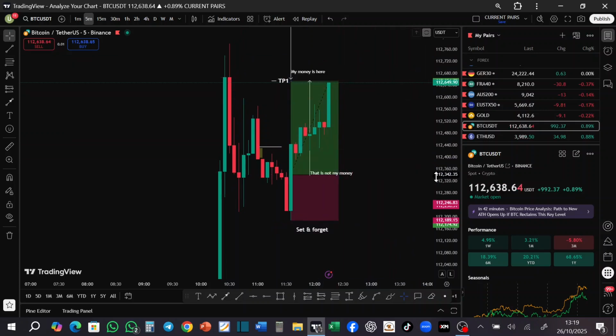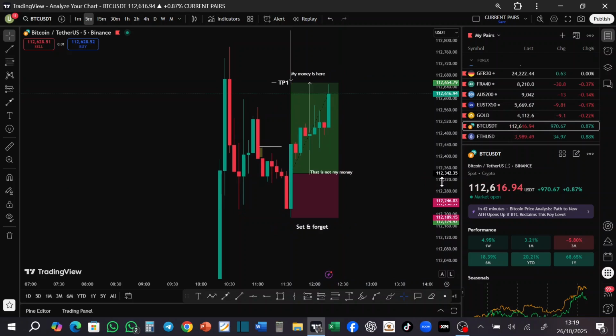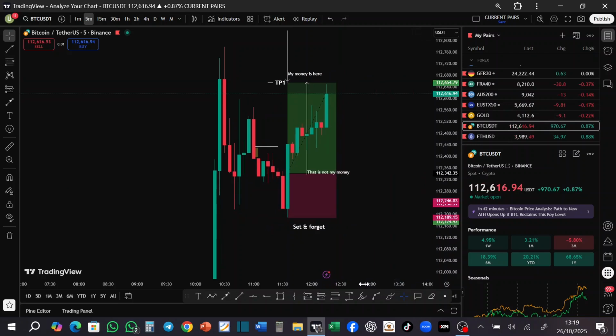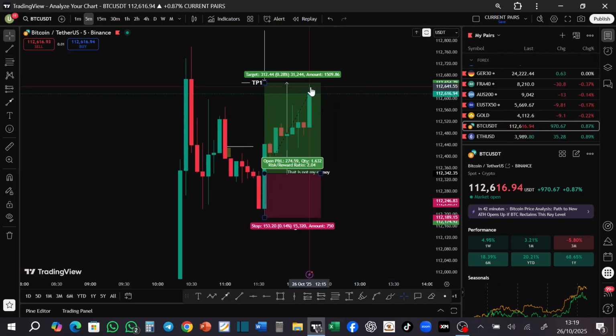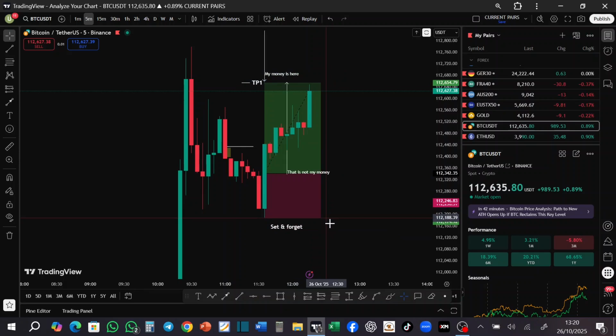But if it will not hit, I'll show you in the next video, because the probability is high that it cannot hit. You have seen it almost reached there and then it pulled back. So the probability is there that it cannot hit. It can just reach closer there and then reverse back to here. So in the next video, I'll show you whether it hit or not.